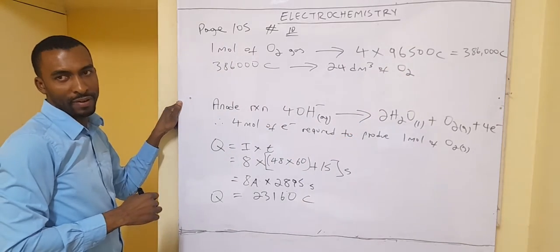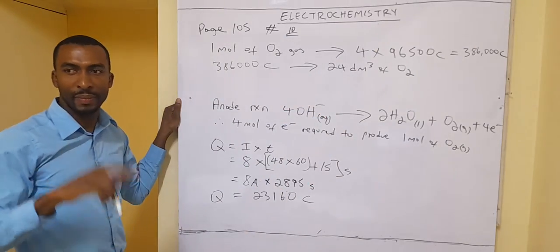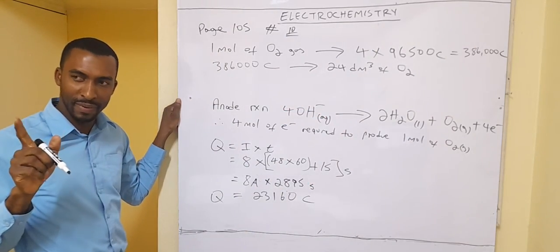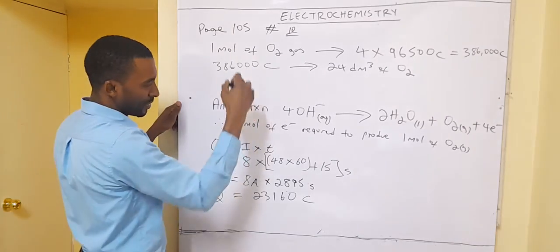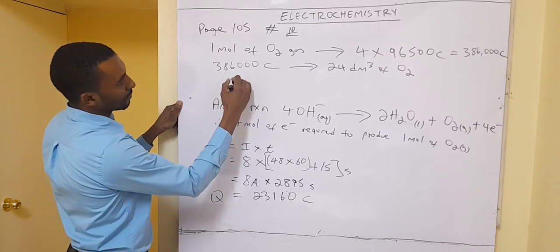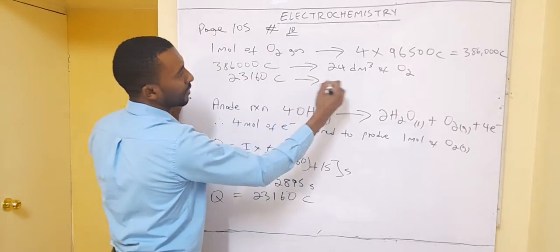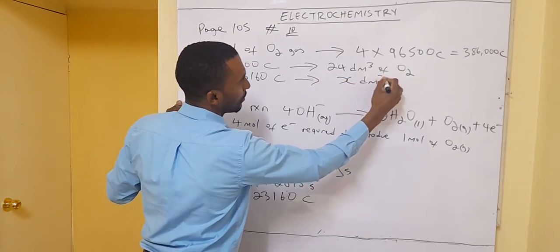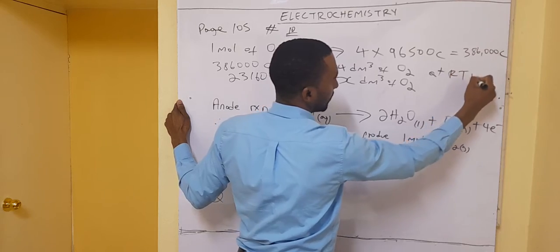That would be 1 mole of oxygen, right? Because it's 4 moles of electrons required to produce 1 mole of oxygen. It's very complex, but they have to do it over and over to understand. Mole concept principle, therefore 23,160 coulombs required to produce X dm cube of O2. This is at RTP.